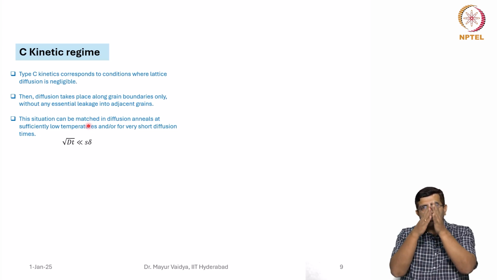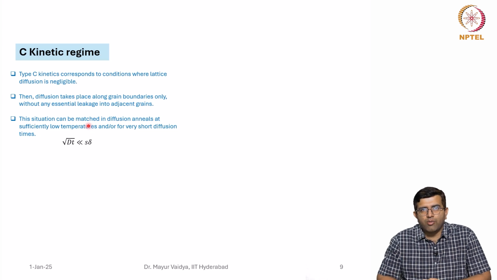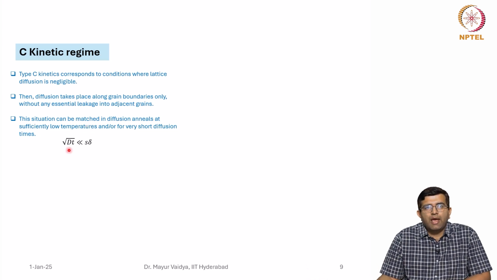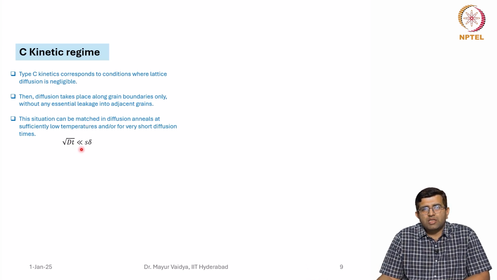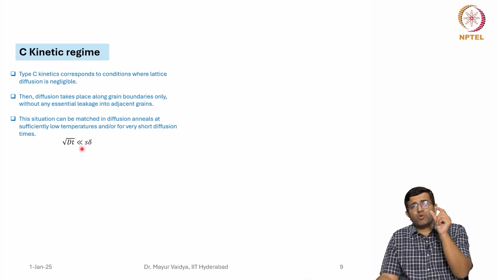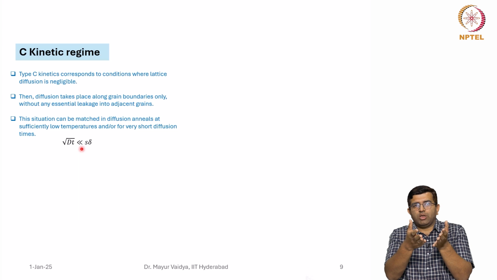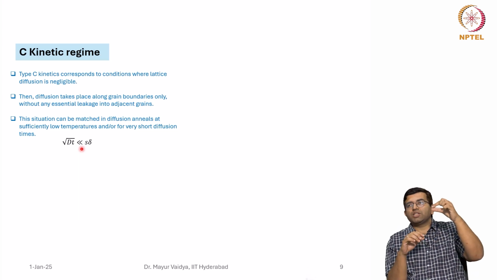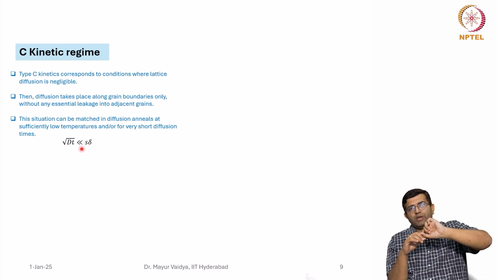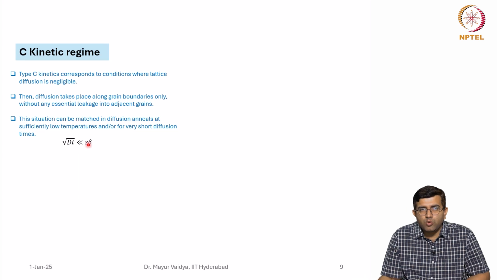So, this is almost like one-dimensional diffusion, and this occurs when your root Dt is much smaller than the grain boundary width itself. You can imagine the grain boundary width itself is 0.5 nanometer. That means the lattice diffusion length has to be even less than 0.5 nanometers for the C kinetic regime to hold.